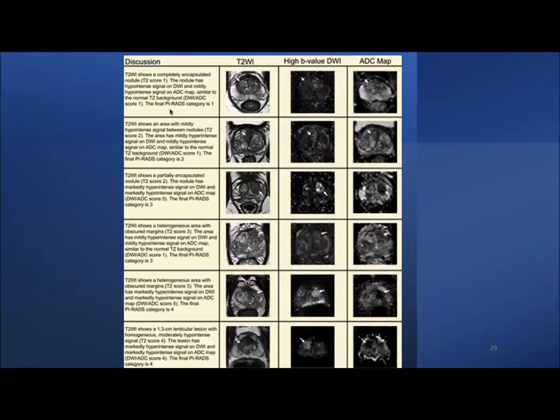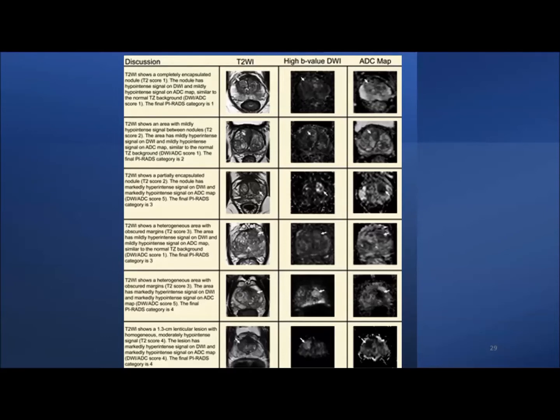provided they are not very hypointense on ADC and hyperintense on DWI. They are subtle. And for categorizing a transitional zone lesion on DWI, for giving a score of 3, we should see a focal or discrete lesion which is moderately hypointense on ADC and showing corresponding hyperintensity on high B value DWI sequences.